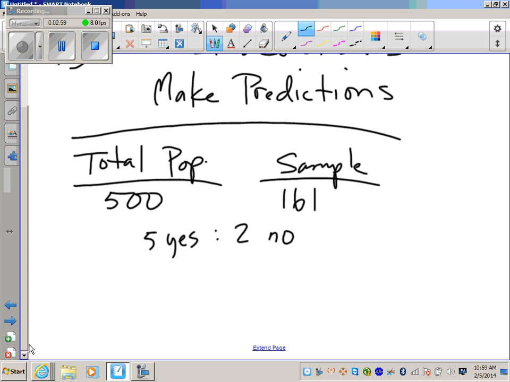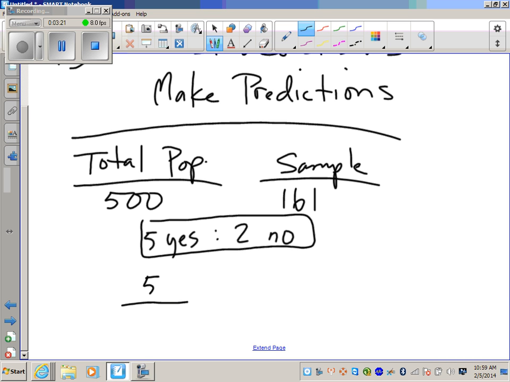Okay, so if it's 5 for every 2, let's go with the number of yeses, which was 5, over the total number of responses of this right here. Am I going to put 5 over 2 to represent the total, or 5 over what?